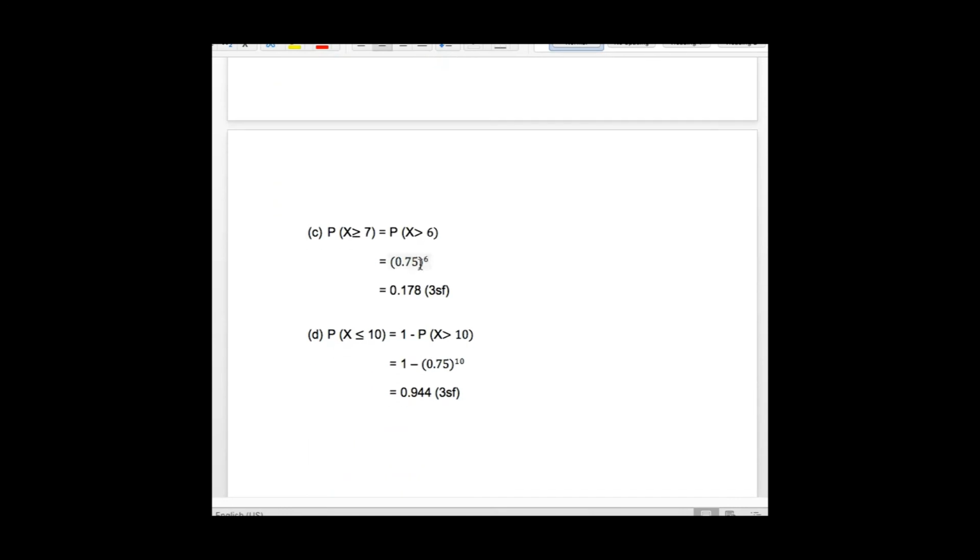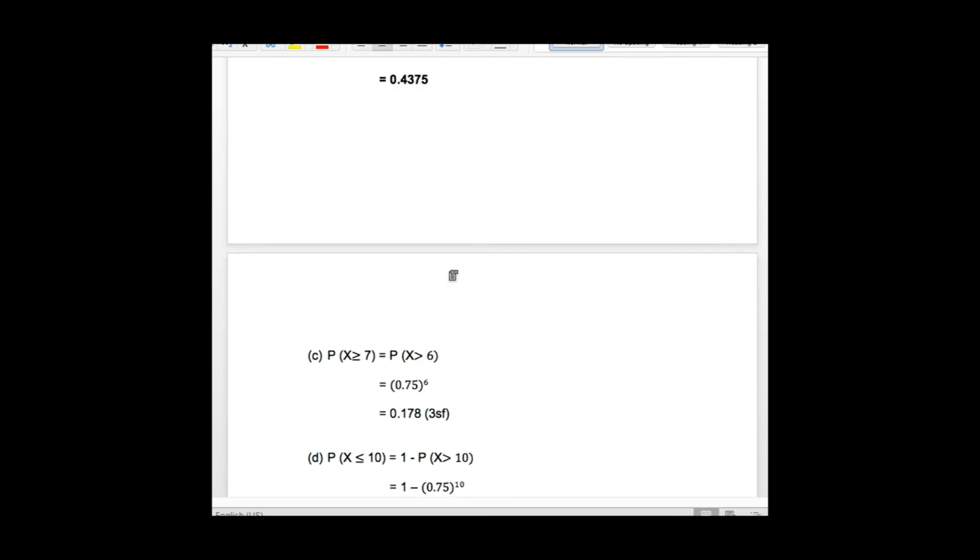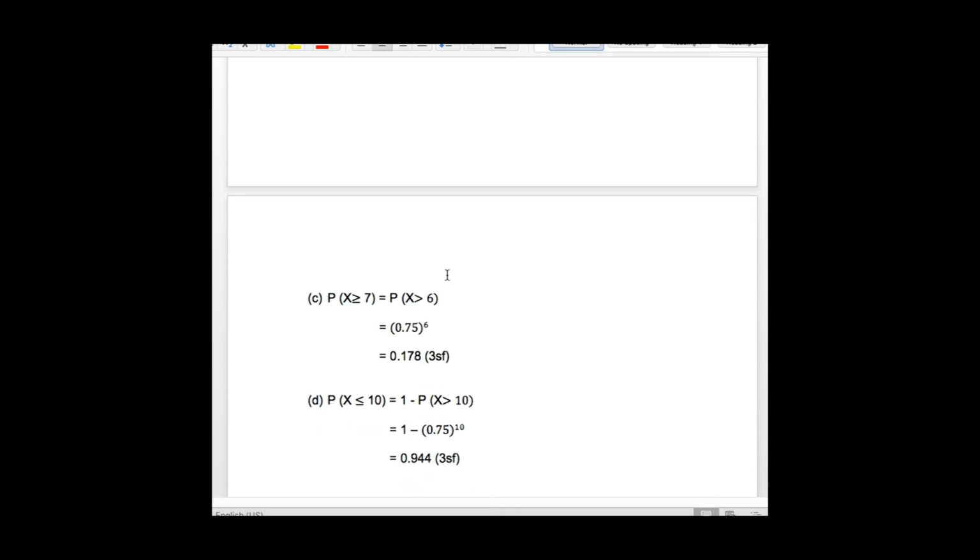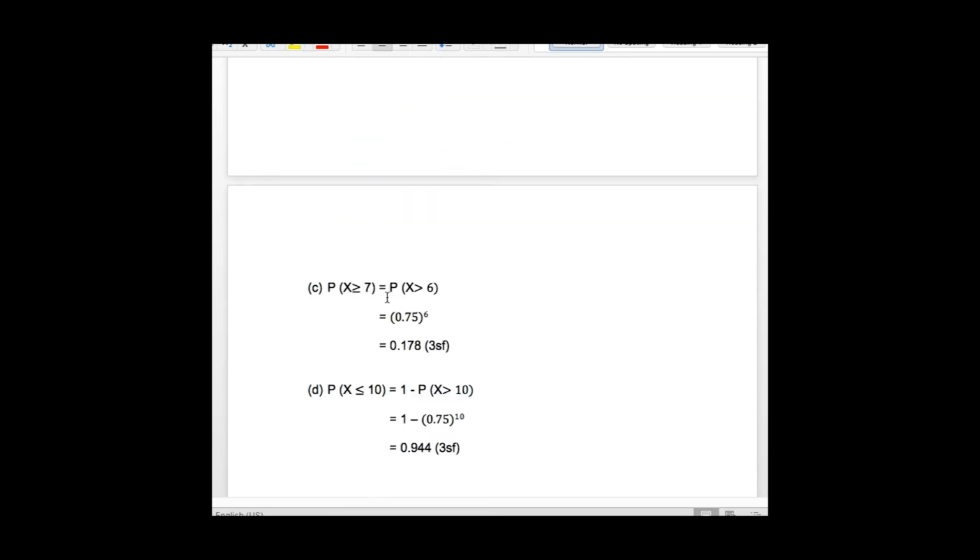Here q is 0.75, and r is 7 minus 1, which is 6.